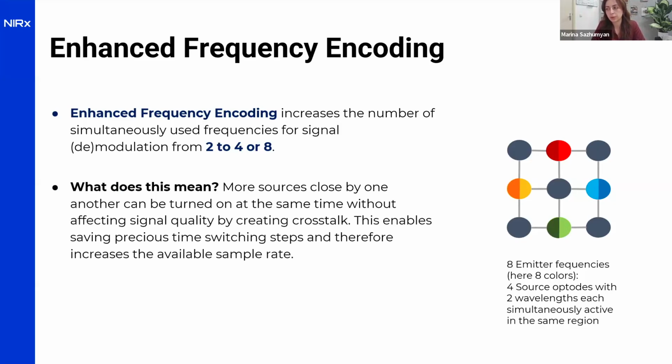This is possible by having up to 4 sources illuminated simultaneously at 2 different wavelengths. So currently you have the option of using from 2 up to 4 sources in enhanced frequency encoding. And we're going to look into this as we have prepared a short demo for you. So I'm going to show exactly how this feature can be enabled and what the different 2 compared to 4 settings look like.